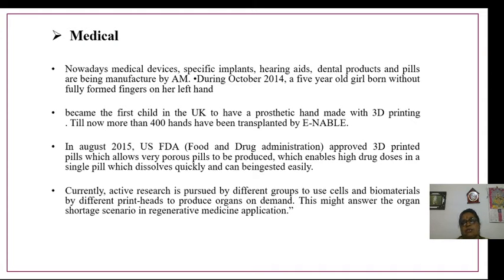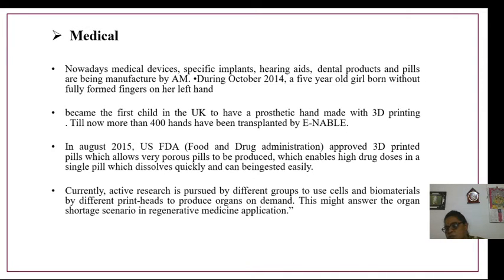Then next is medical. As I told in the previous sessions, additive manufacturing products are very much used in the medical field, even in dentistry, in the development of synthetic valves for heart surgery, and also machines developed using AM technologies for treating cancer patients, especially for radiation.